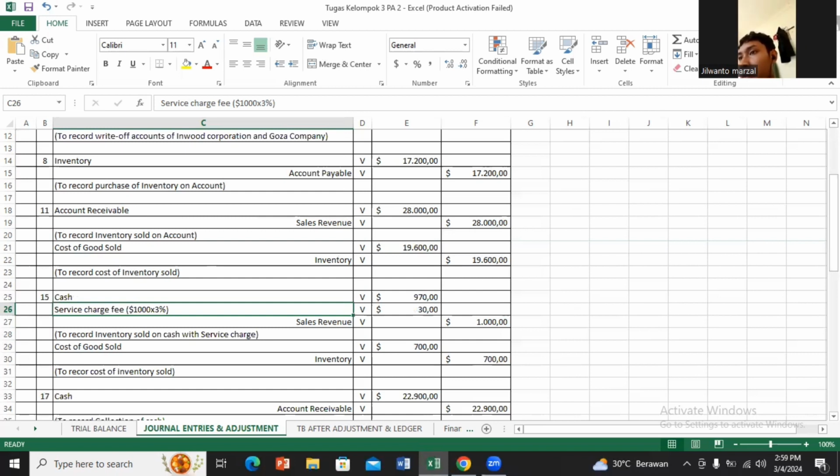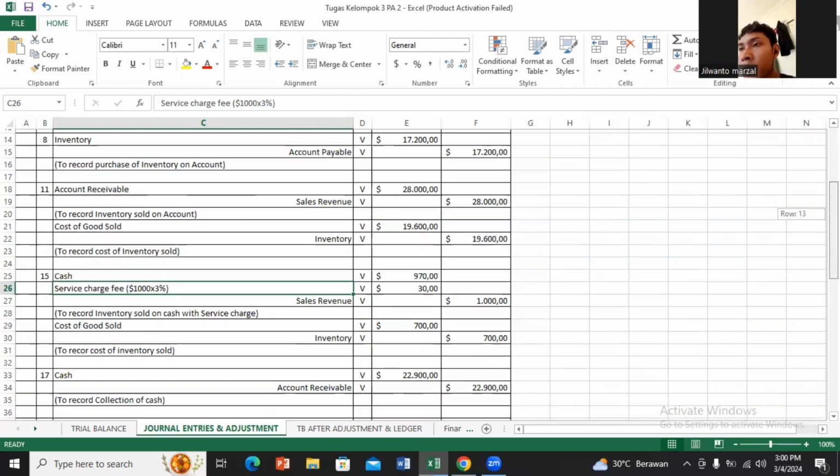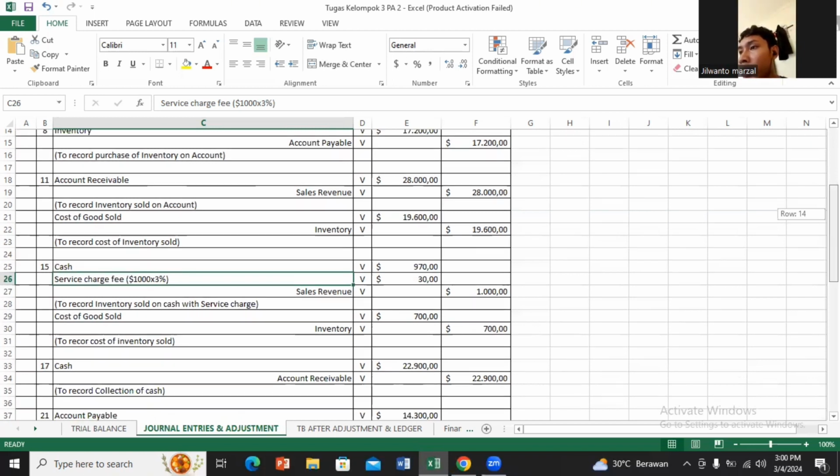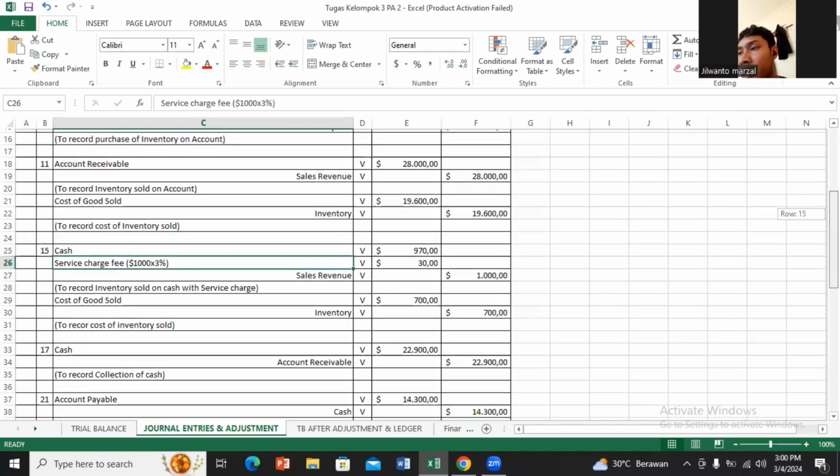So accounts receivable in debit for $28,000, and in the credit is sales revenue for $28,000 also. And because we use the perpetual method, we must write off the cost of goods sold. So the journal is cost of goods sold in debit for $19,600, and inventory in credit $19,600.